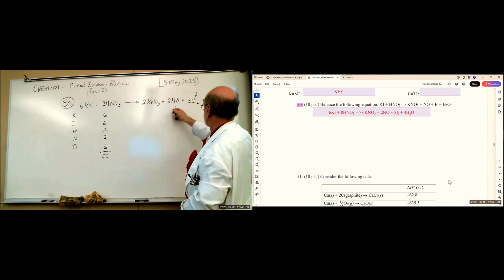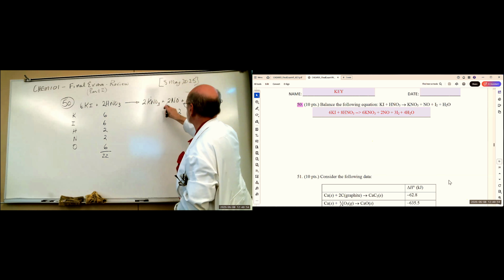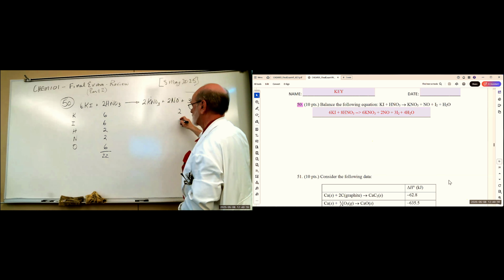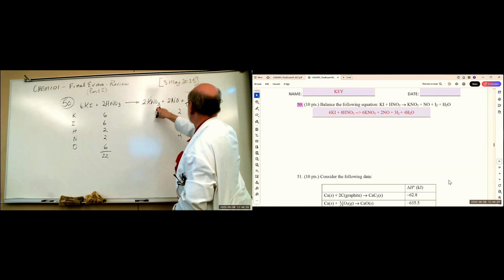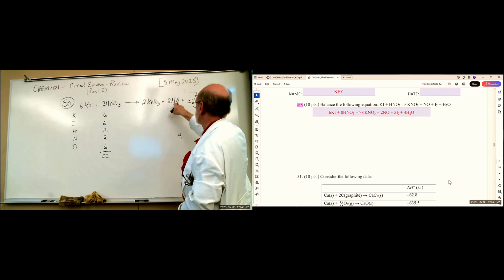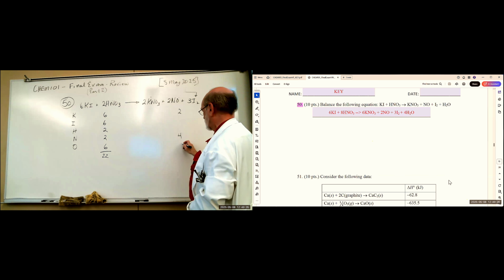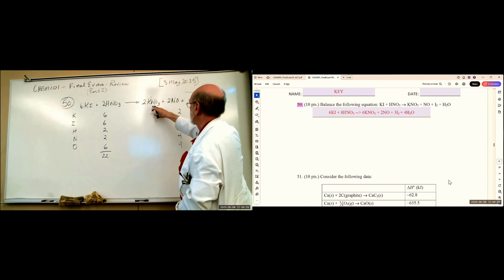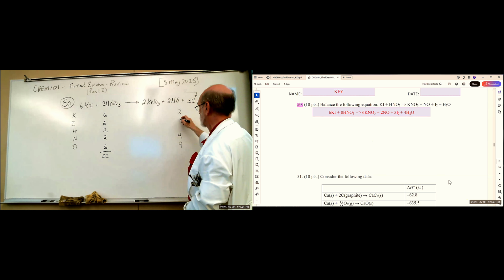Okay, on this side, we got 2 potassium. We've got 2, 4 nitrogens here. We've got 6, 7, 8, 9 oxygens. And we have 6 iodines. And hydrogens.